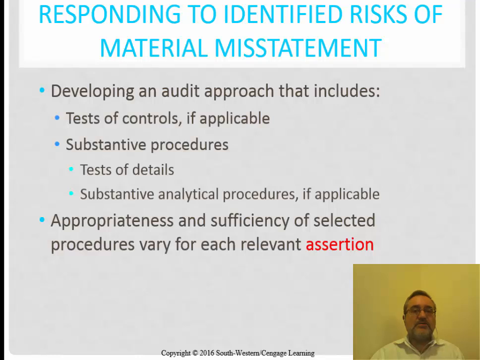We need to consider these appropriately and determine if they're appropriate and sufficient for each relevant assertion. And again, as we're considering the assertions, we're considering these from the perspective of these implied or explicit statements related to financial information that are embedded in the financial statements. And as we've talked about, the financial statements are the responsibility of management.